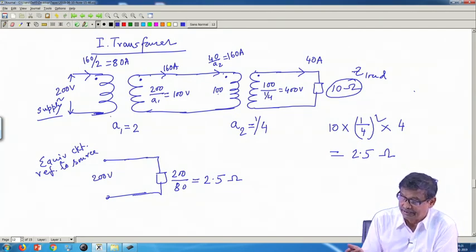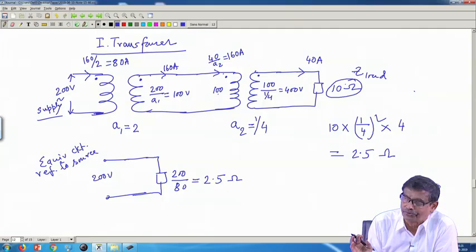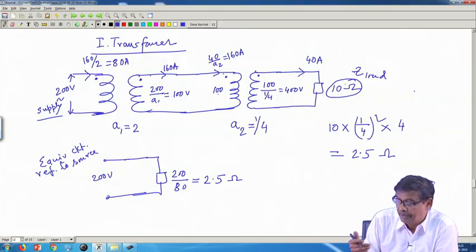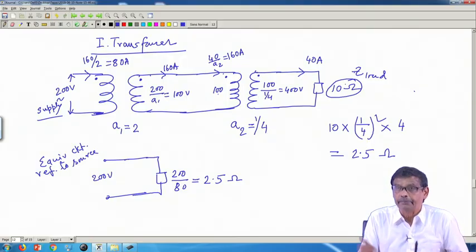Similarly, you can say the equivalent circuit referred to the load is nothing but this 10 ohm supplied from a 400 volt source. So, this simple calculation will make you understand better what is happening.